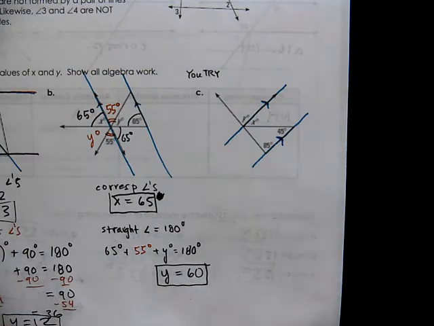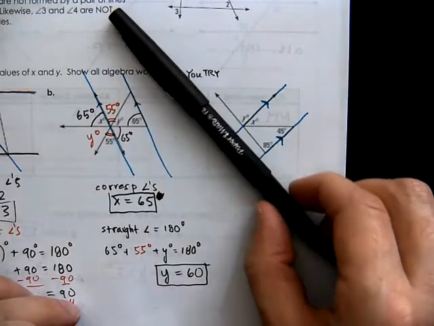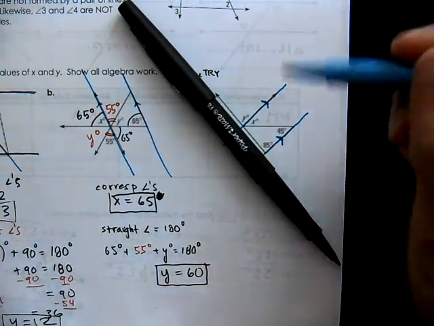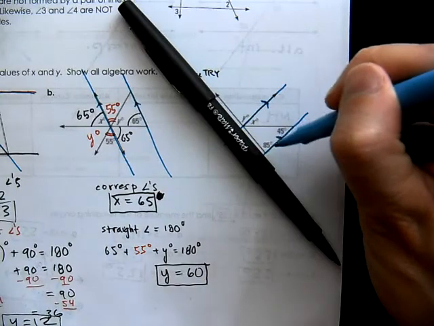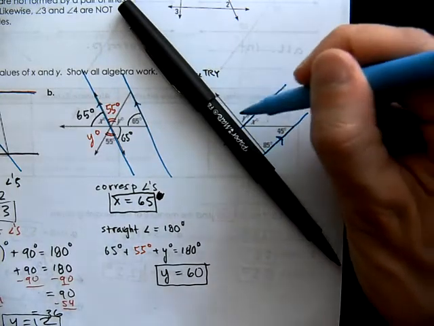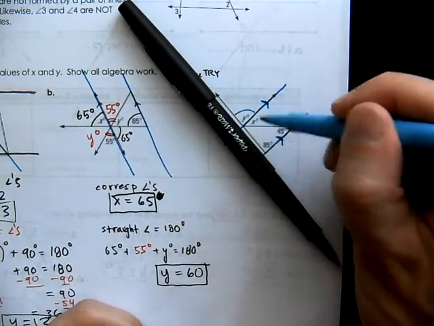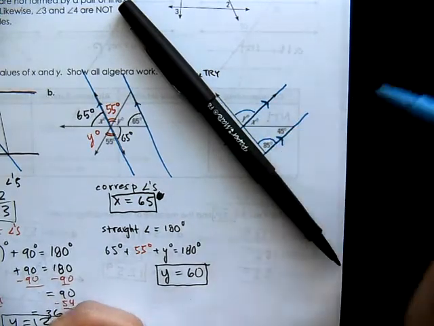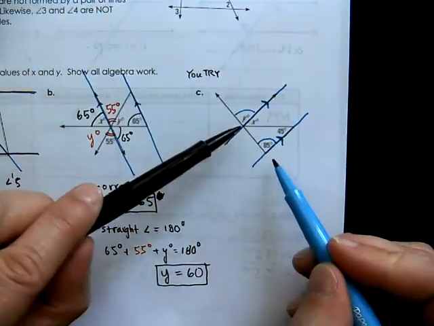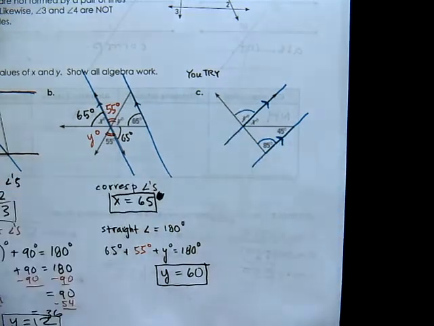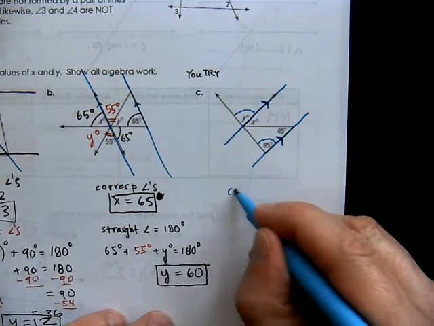So I'm going to start off with this line. Notice that this transversal here has this angle of 85 degrees and this angle of y degrees. So both of those are corresponding angles because they are both sort of from that point of intersection directly up. So those are corresponding angles.